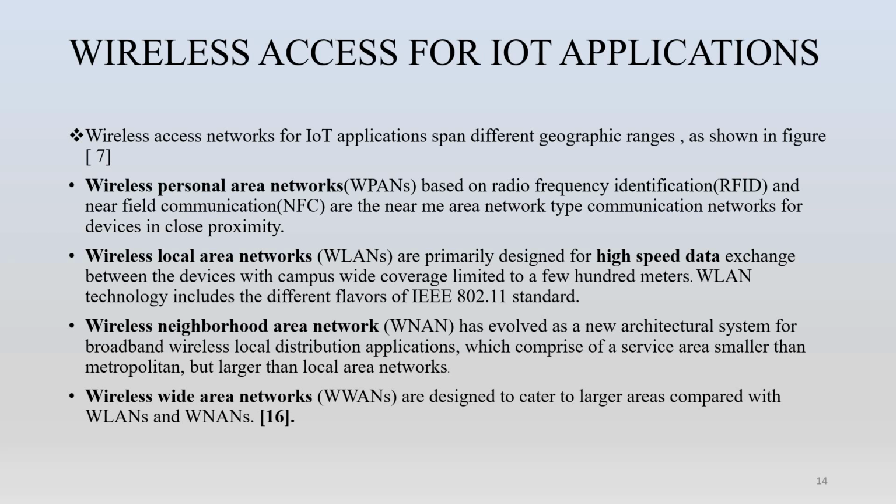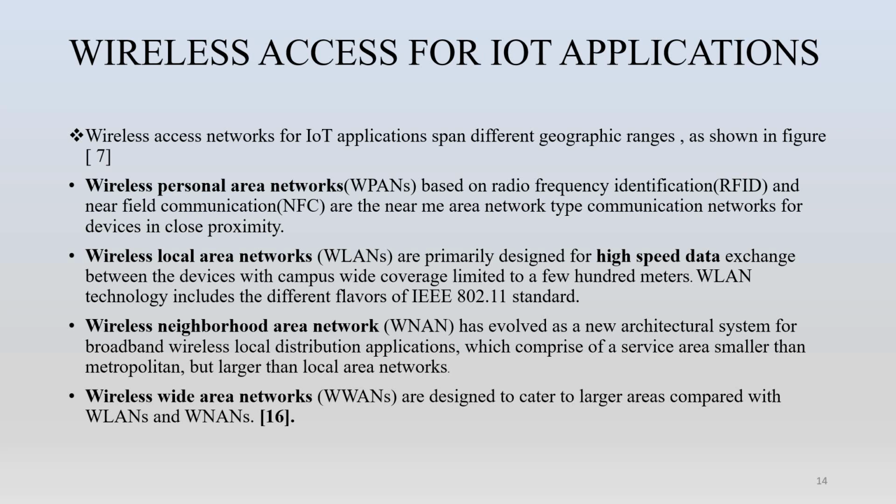Then the wireless neighborhood area network, or WNAN, is a new architecture system focused on broadband wireless local distribution. Its application service areas are larger than a local area network, covering up to a metropolitan area.